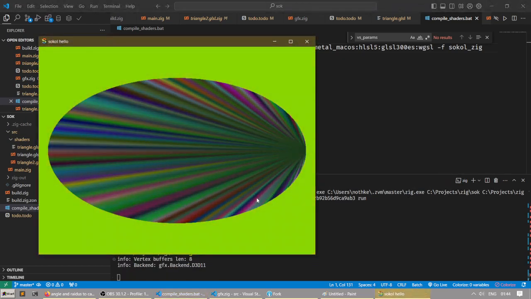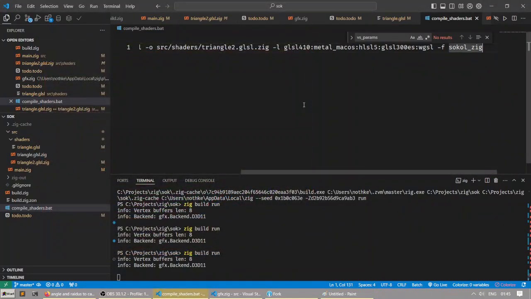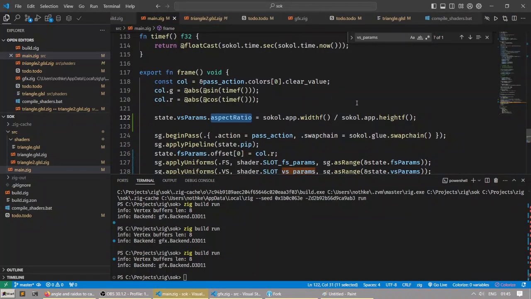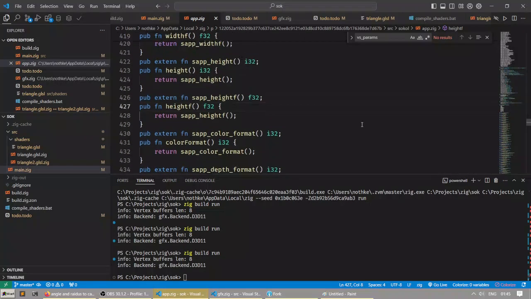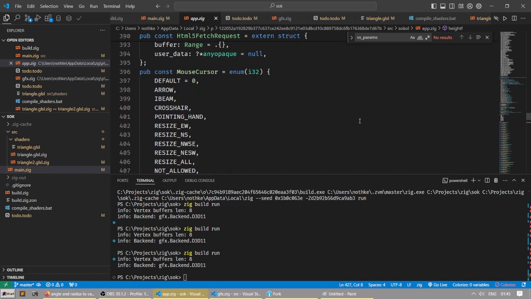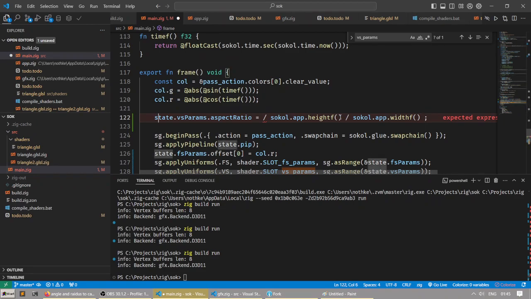Okay, I am using the latest version. So is Sokol width and height the actual height of the screen? Maybe it's the other way around.